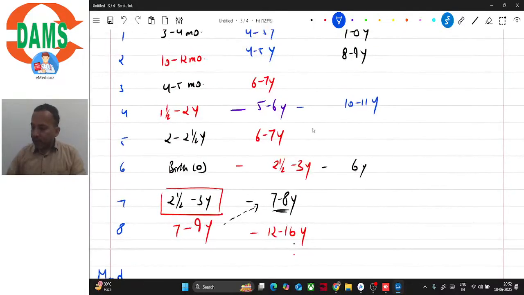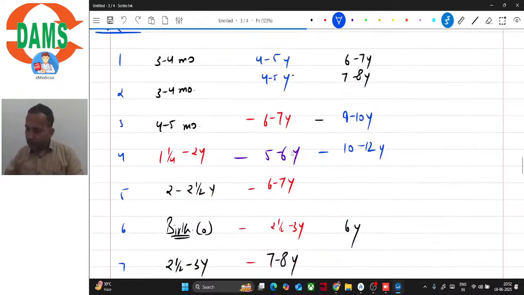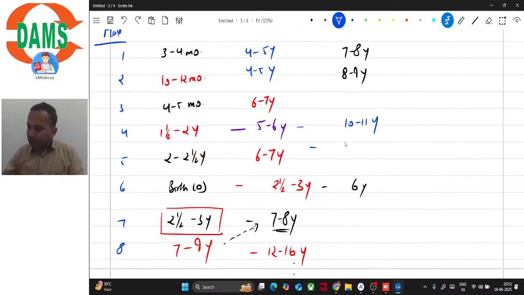Same for maxillary second premolar, 10 to 12 years, isn't it? Sorry, 10 to 12 for mandibular first and 10 to 12 for maxillary second. They both will erupt at the same time.